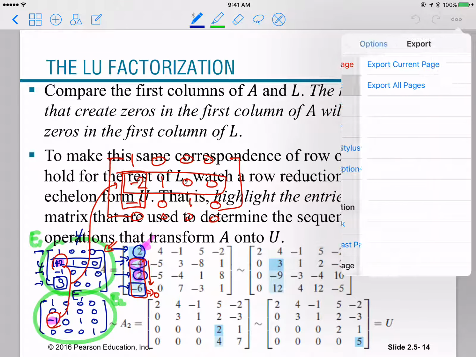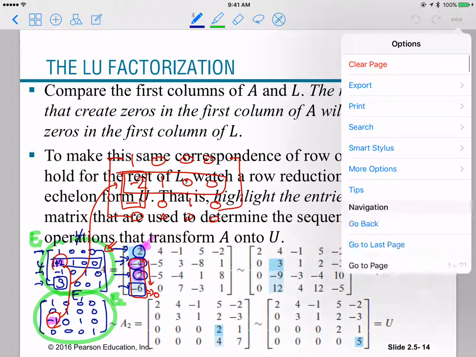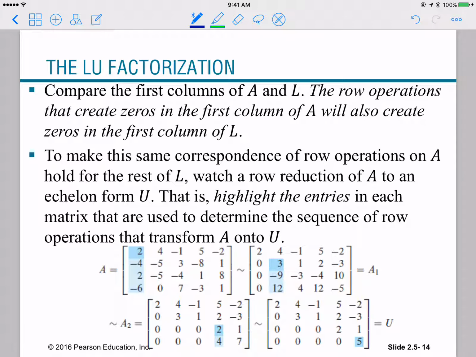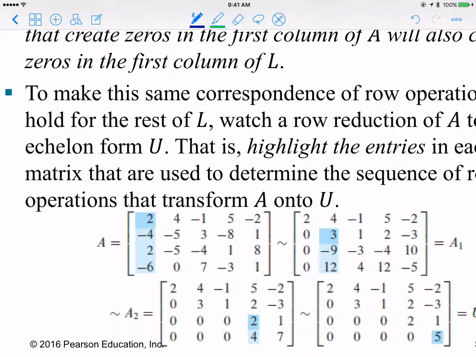So let's simultaneously construct the L. If you imagine the multiplier, it should be multiplied by 2 and then added together, right? And then what about our L? L will start with all ones on the diagonal. And what is the first entry?